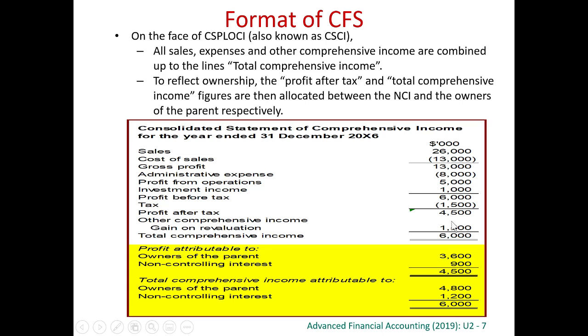We understand that some of the subsidiaries may not be 100%. If that is the case, we have to allocate part of the profit to the non-controlling interest. Say for example, this profit after tax is 4,500.